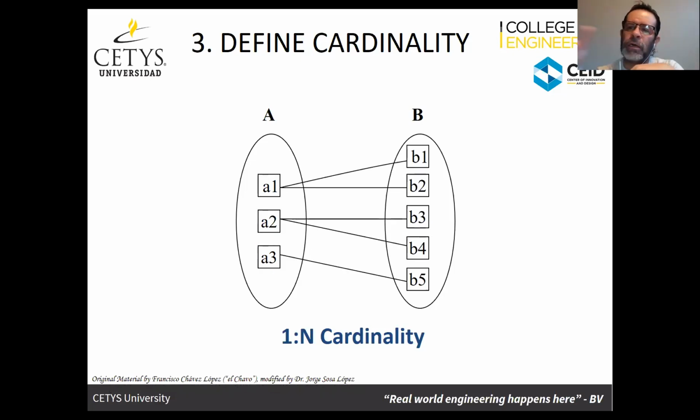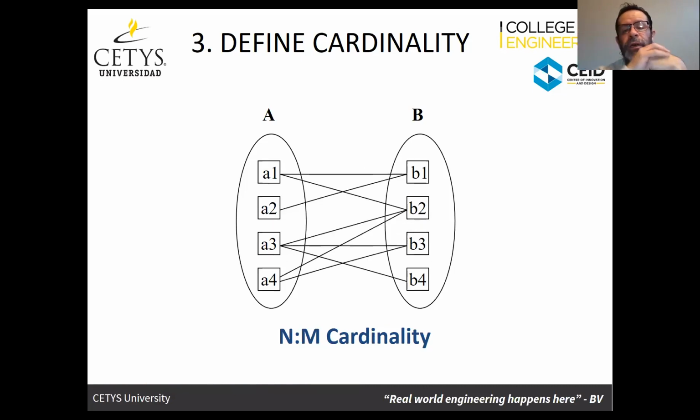Then there's a one-to-n cardinality, where one instance of an entity is related to many instances of the other, but not the other way around. This is the second type of cardinality that we have. The third type of cardinality is a many-to-many cardinality.